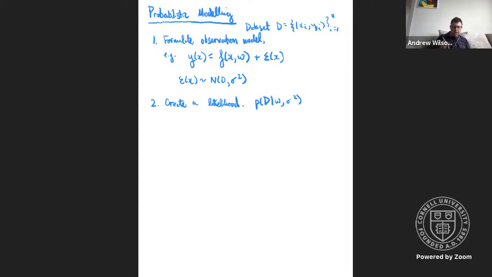Okay, so we want to create a likelihood. So how do we do that? P of D given w and sigma squared.